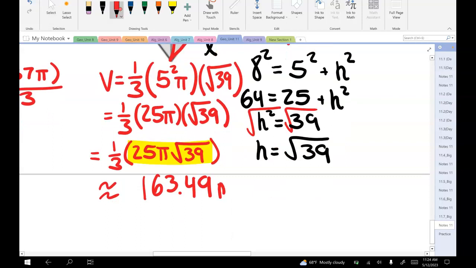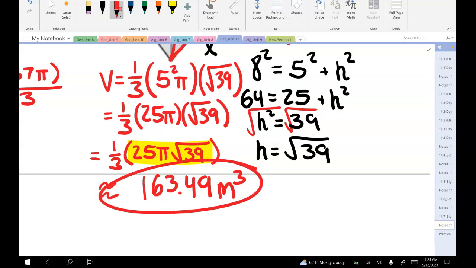Meters. So we're in meters cubed. Since we didn't round here, and we kept in our exact value for h all the way through, this is as close as we can get to approximating. So good with minimal error in there.